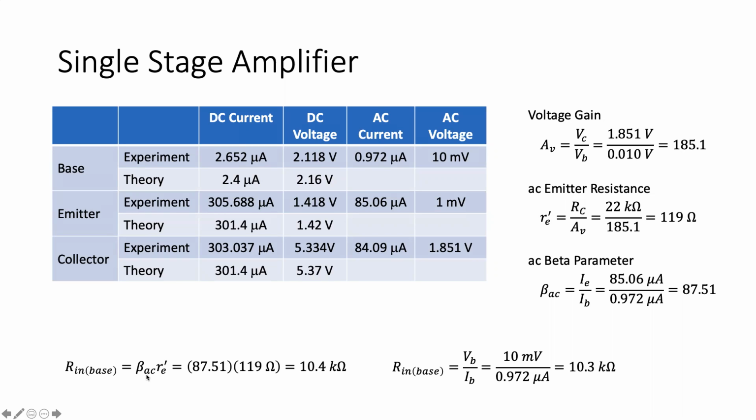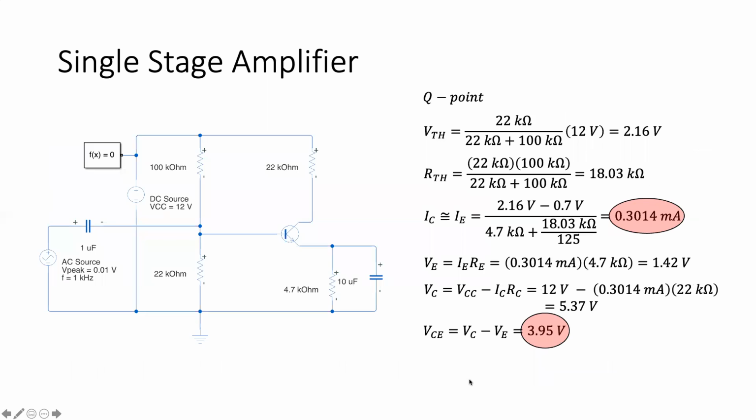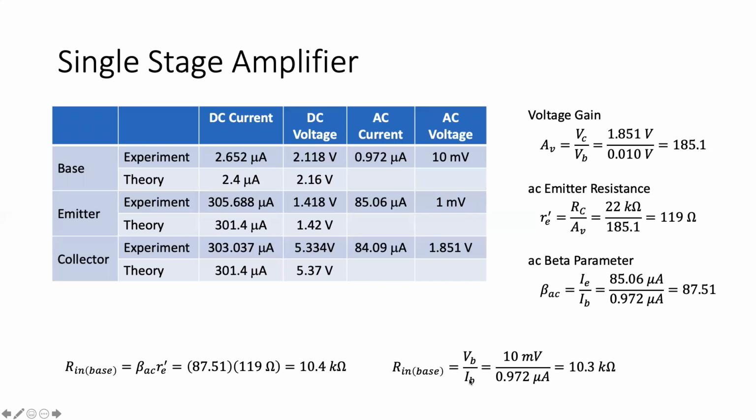Either beta AC times yung AC emitter resistance, or simply by dividing the base voltage by the base current. So makikita niyo na if we do this, ang makukuha nating input base resistance is 10.4 kilo ohms, and if we do this, makukuha natin is 10.3 kilo ohms. Which means na dahil pareho tong dalawa na to, yung nakukuha natin na values dito experimentally is consistent with each other.